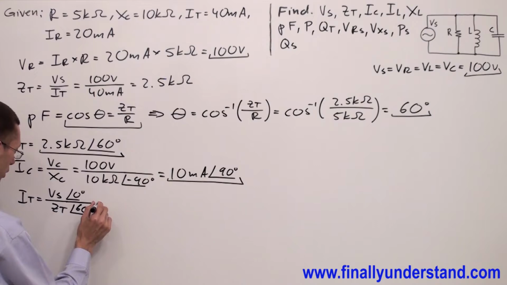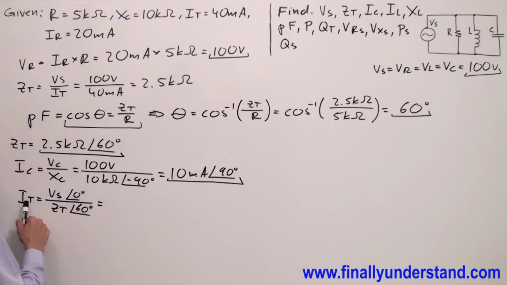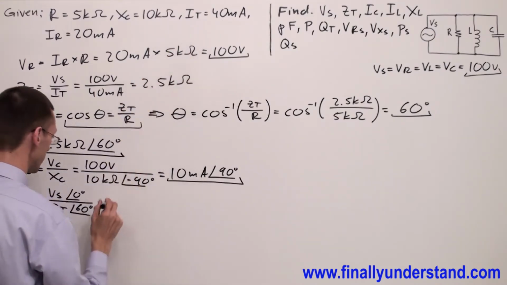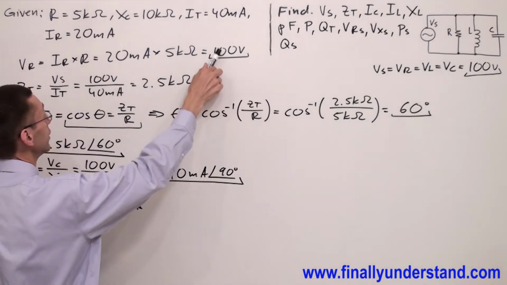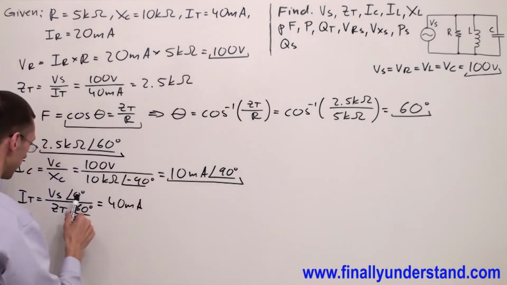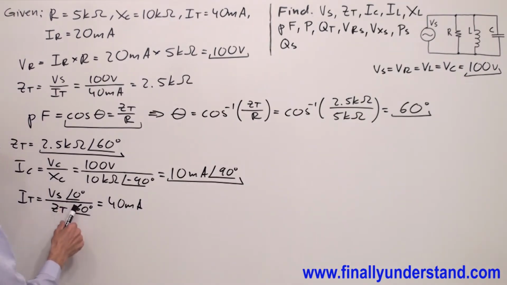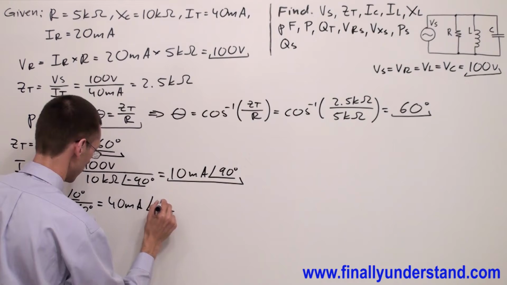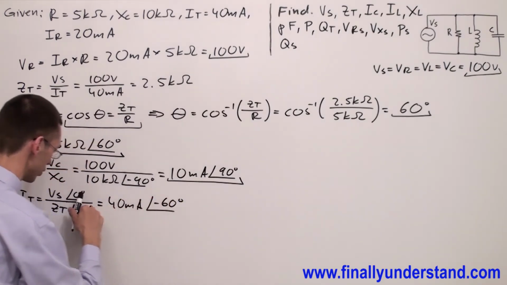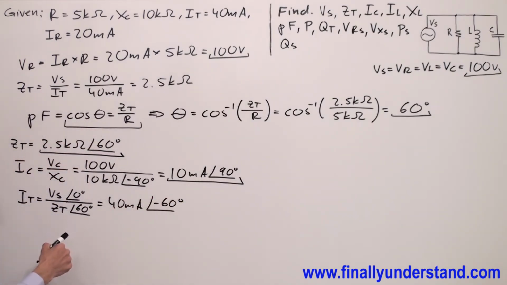Okay, so I total is equal to what, 40 milliamps. We're supposed to copy down the magnitude of I total, and anytime we divide polar forms, we're supposed to subtract the angles. So I'm going to have an angle of negative 60 degrees. 0 minus 60 gives me negative 60 degrees. And this is basically my total current.